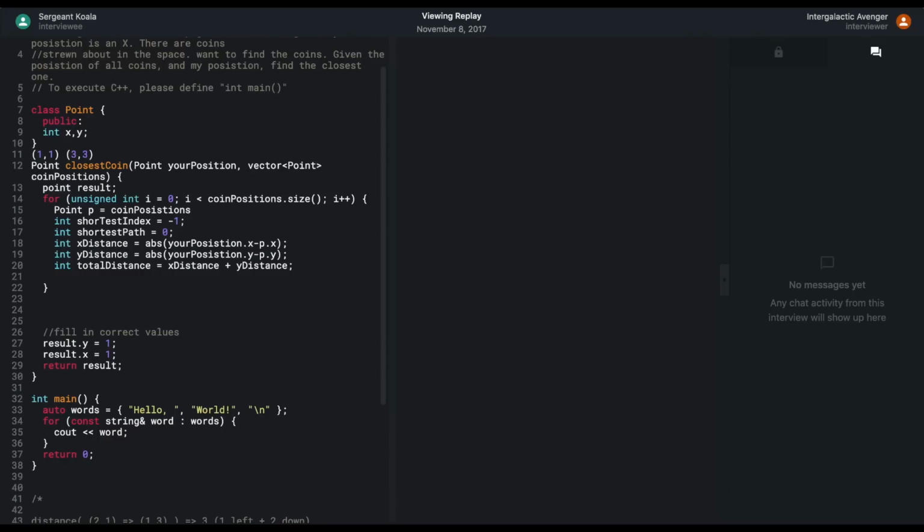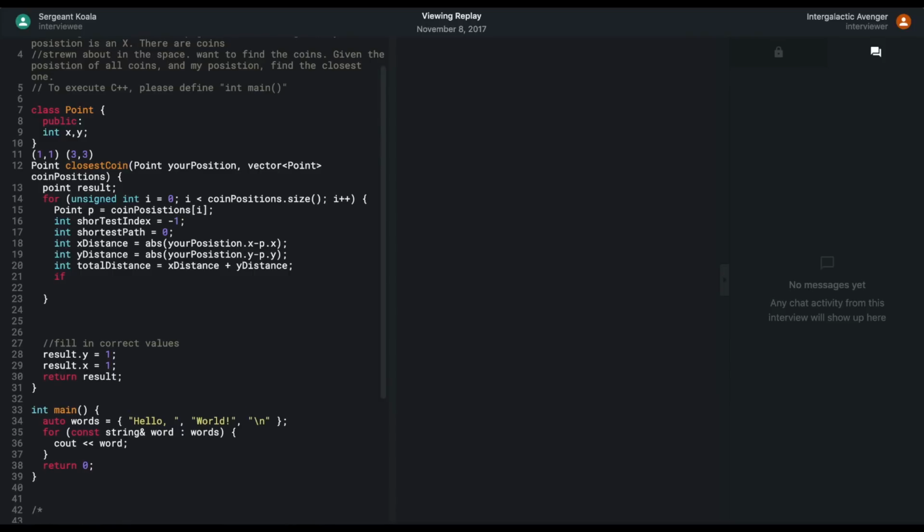I've got that, and now I can determine if I want to use this distance if total distance is less than the shortest path. Oh, that's a problem. Shortest path should not start out at 0. I'll have it start out at -1 to indicate that we do not have the shortest total distance.